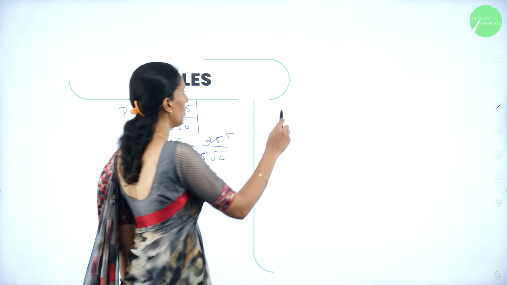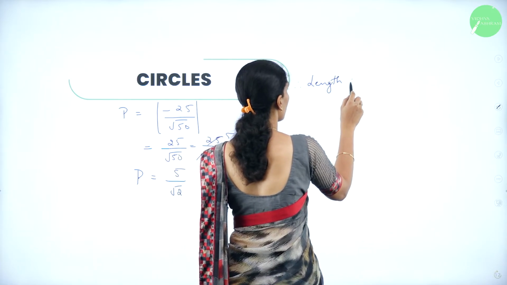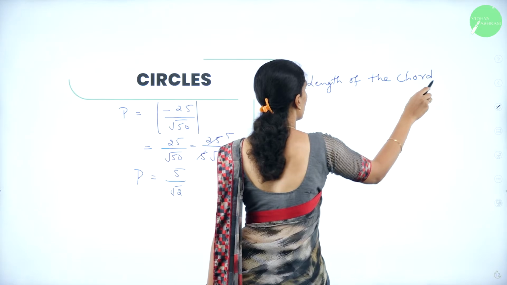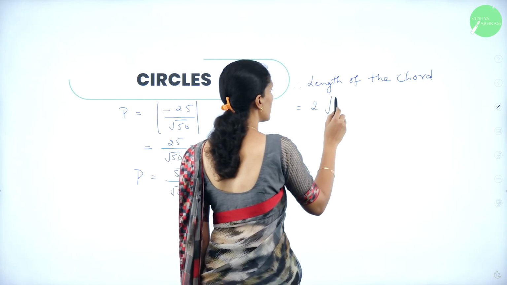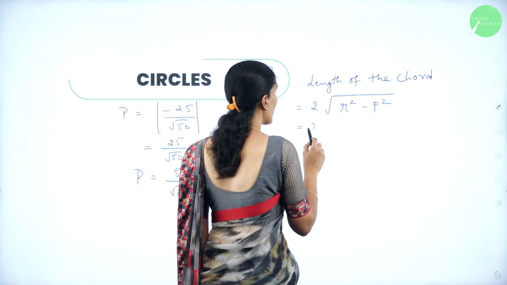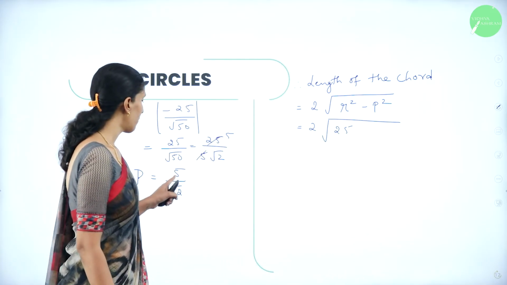Now, therefore, the length of the chord is equal to 2 times square root of r square minus p square. Now, r square we got as 25. P is 5 by root 2.